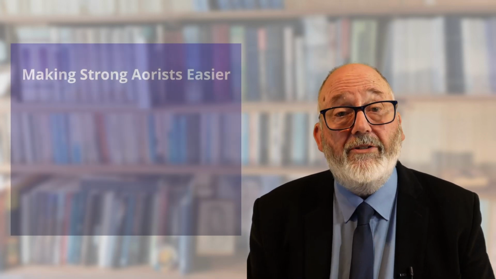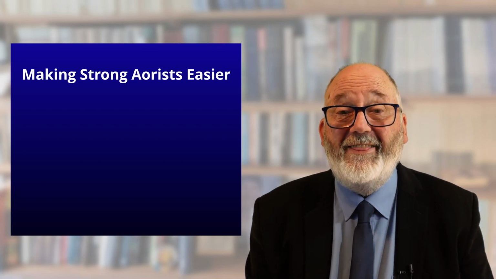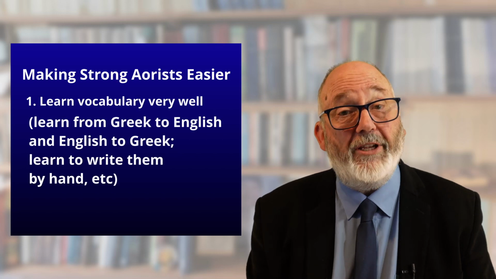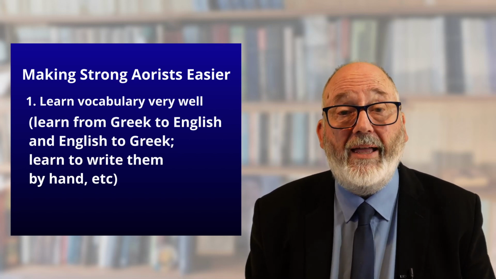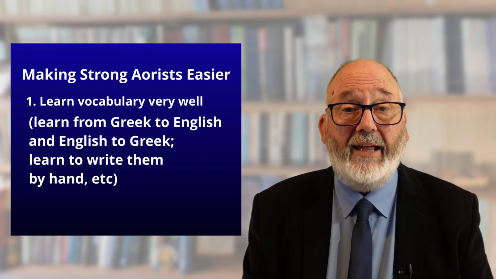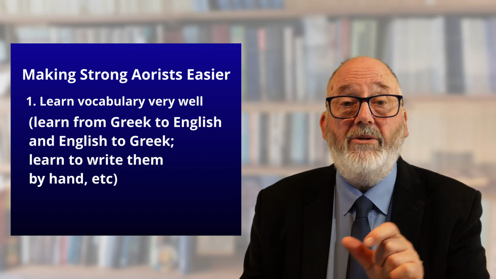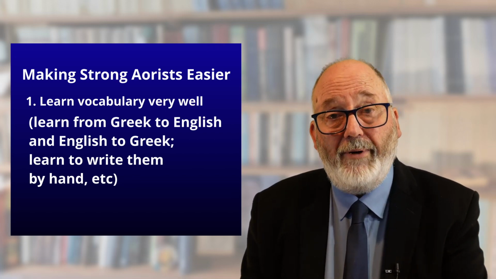Well, now that we've looked at the aorist, let's do some thinking about how to make them easier to learn and understand. And I'm sorry, the best way to make aorists easy, especially strong aorists, is to thoroughly learn them as vocabulary items and learn to go from a Greek present to a Greek aorist and from a Greek aorist to a Greek present.